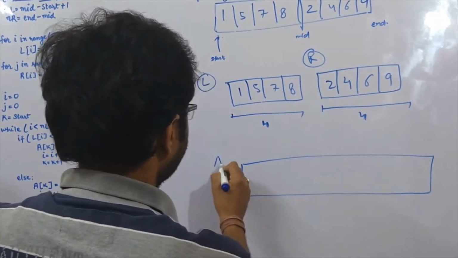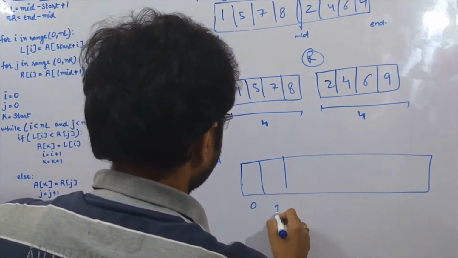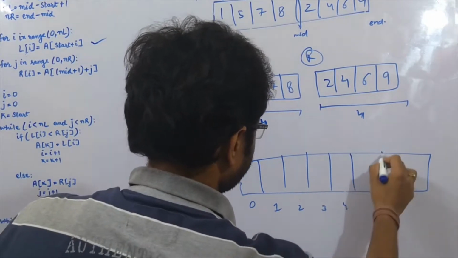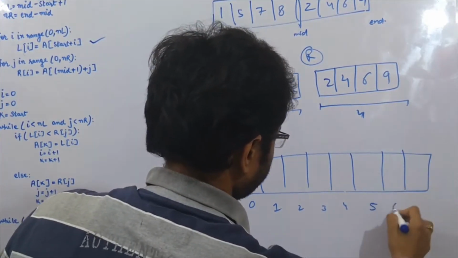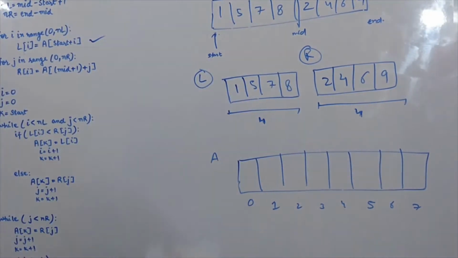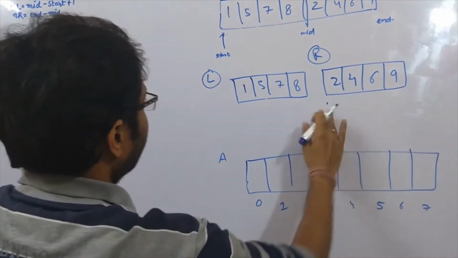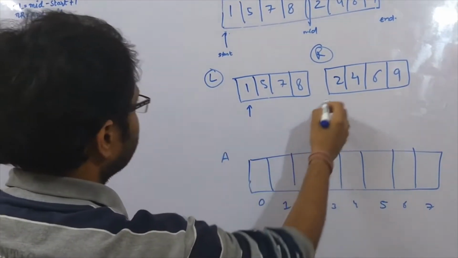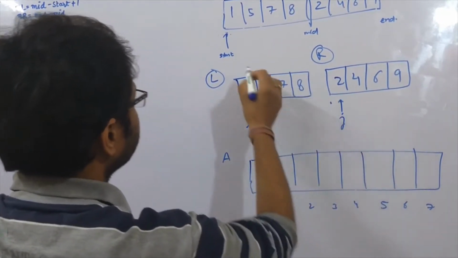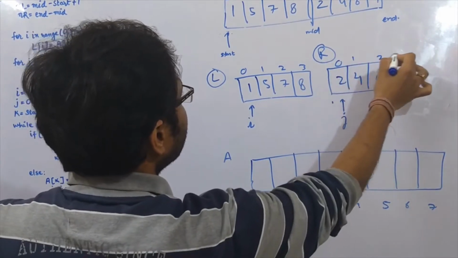So this is our array A, and this array will also have the same size. The I will be initialized to 0 and j will also be initialized to 0. I and j, indices 0 1 2 3 and 0 1 2 3.